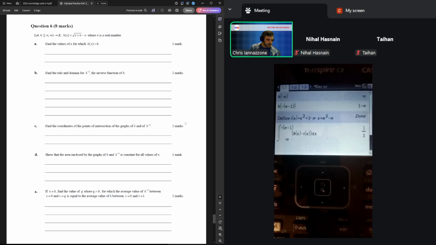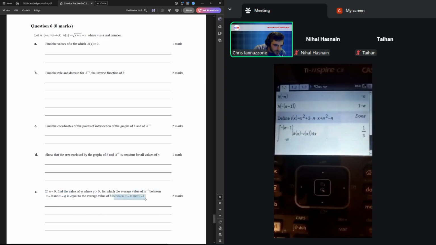Cool. Last question, hopefully not too challenging. If n is 0, figure out the value of q for which the average value of the inverse between... Okay, that's a lot of words. Average value of inverse is equal to average value of original. So average value of inverse is between 0 and q.